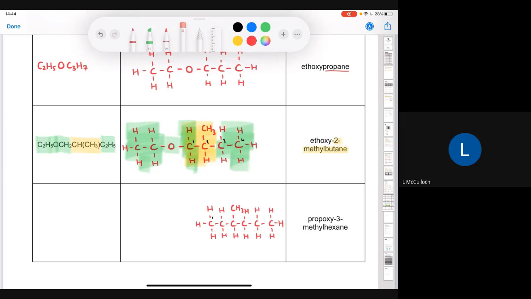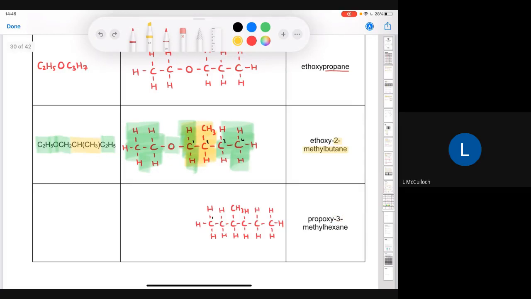Now again, the absence of a number before the alkoxy name tells us that the alkoxy branch, the prop-oxy branch in this case, must come from the 1st carbon, from carbon number 1. Try not to get confused with the 3 that comes after the prop-oxy. That's just telling you where the branch is on the hexane chain.